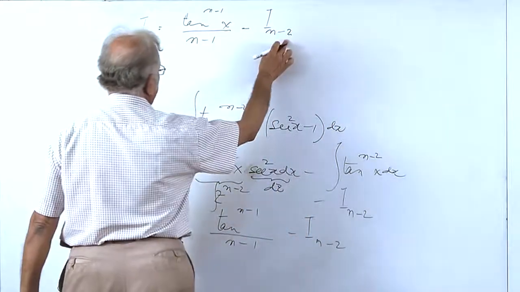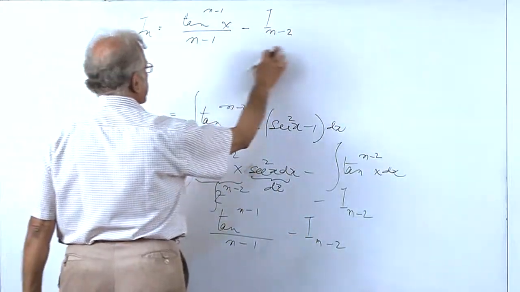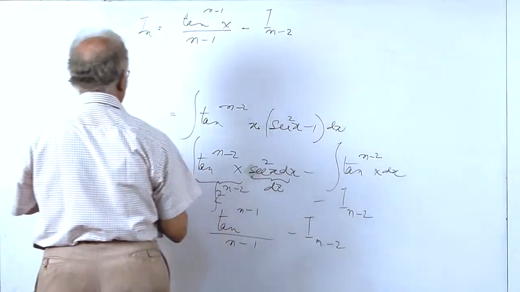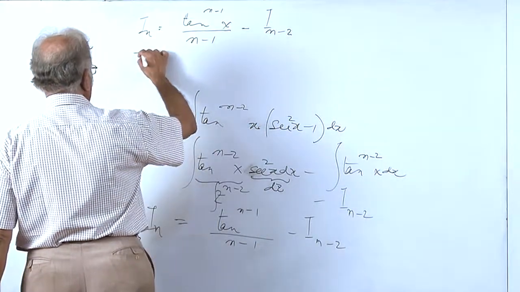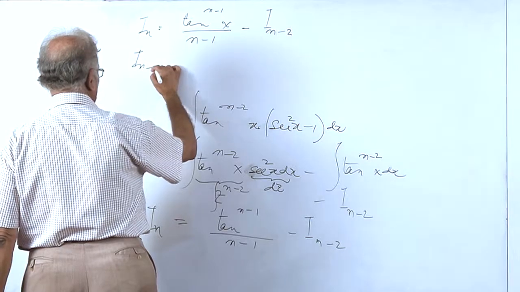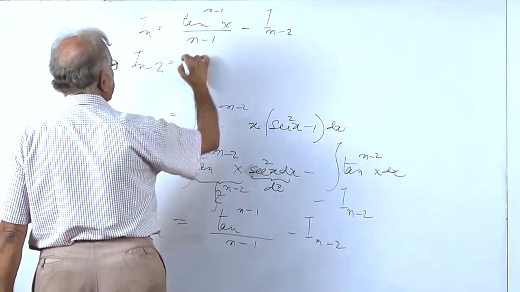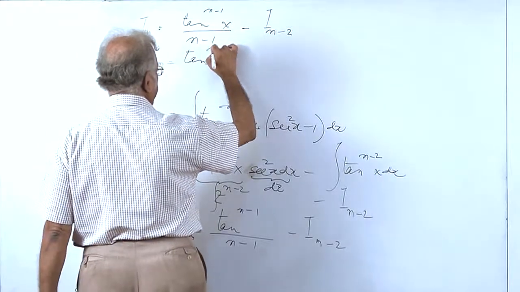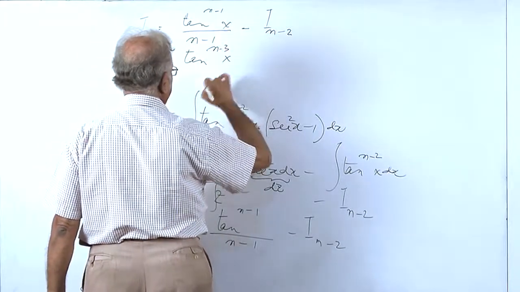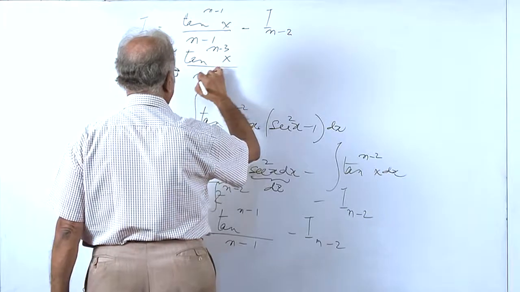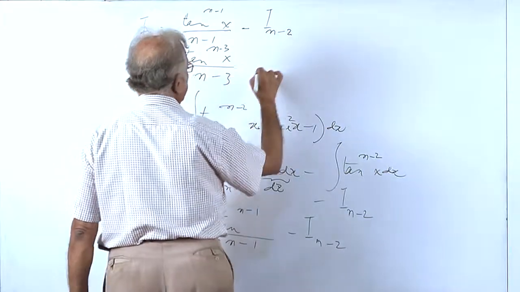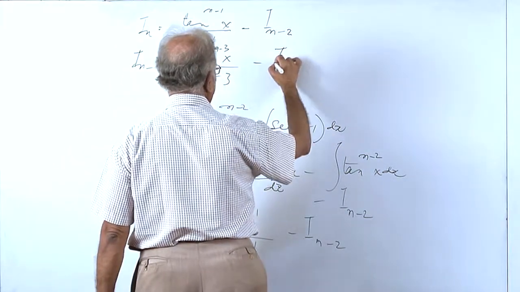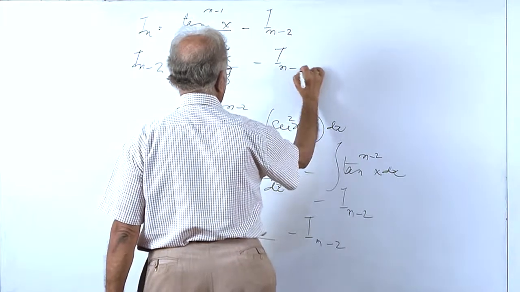Now, if we replace every n here by n minus 2, then we can write I sub n minus 2 is tan x to the power of n minus 3 divided by n minus 3 minus I sub n minus 4.